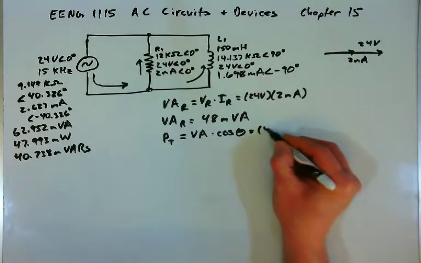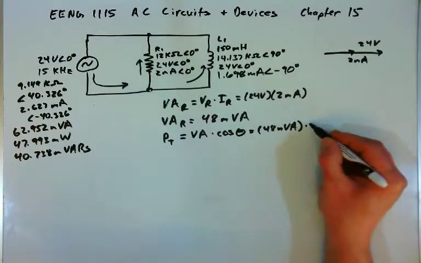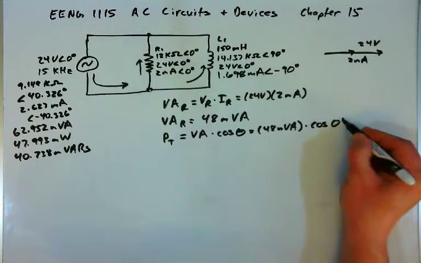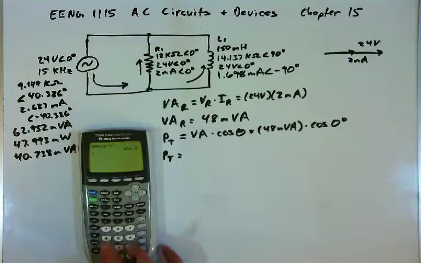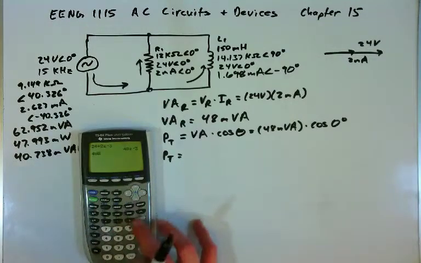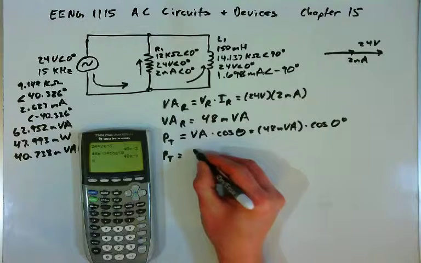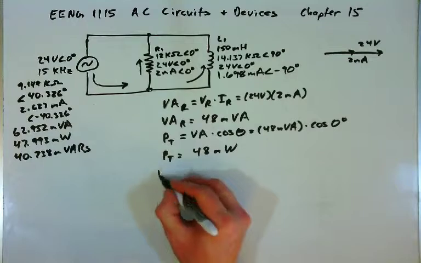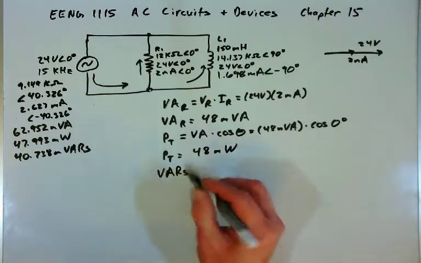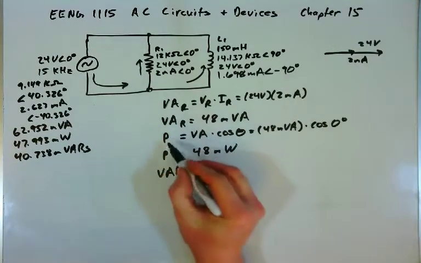So we take 48 millivolt amps and multiply by the cosine of 0 degrees, which is 1, and so we get 48 milliwatts. Oh, and I wrote power total here. I meant to write power of the resistor.